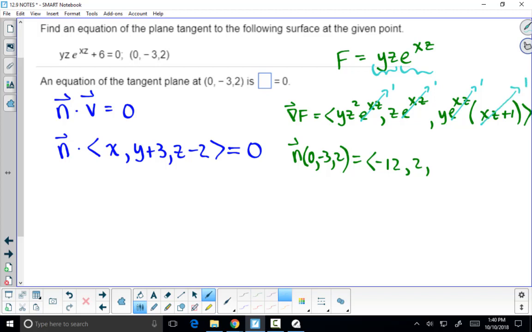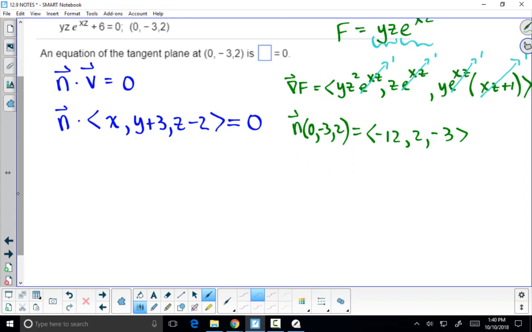So the only thing left is y, which is -3. So that is the normal vector that we will use. You could multiply by -1 if you wanted. Does not matter if you scale it. So we will take -12, 2, -3, dot it with this, and we're golden.